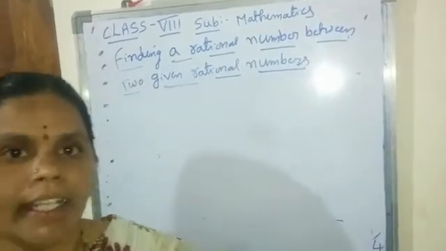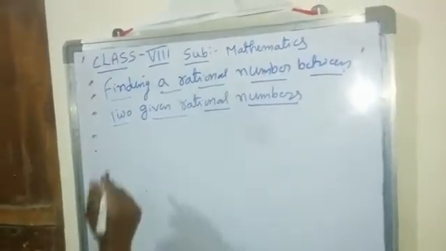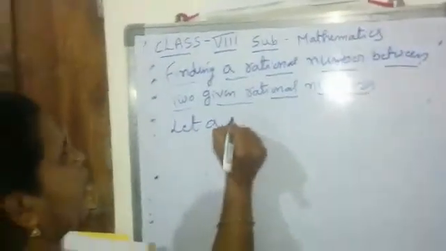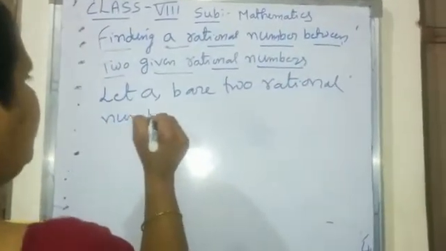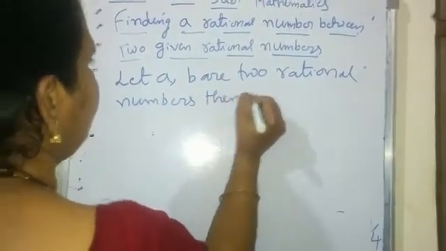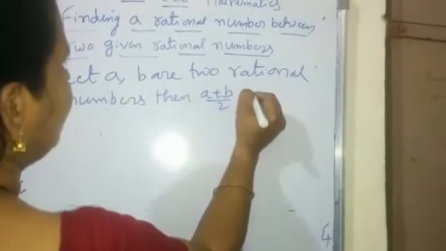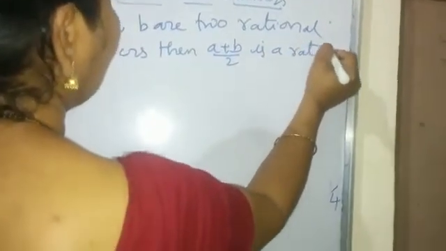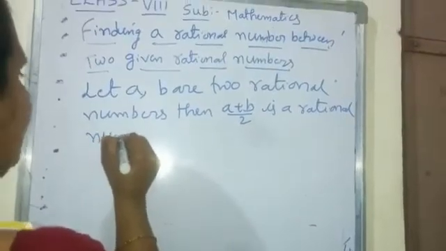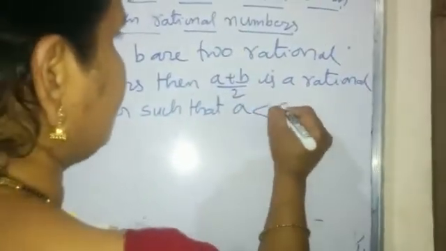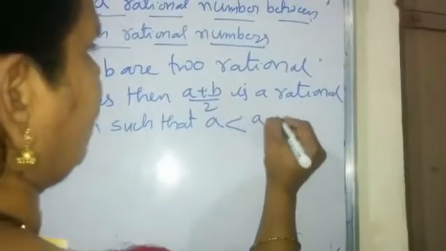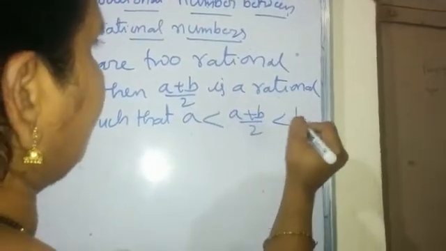Let a, b be two rational numbers, then (a plus b) by 2 is a rational number such that a is less than (a plus b) by 2 is less than b.